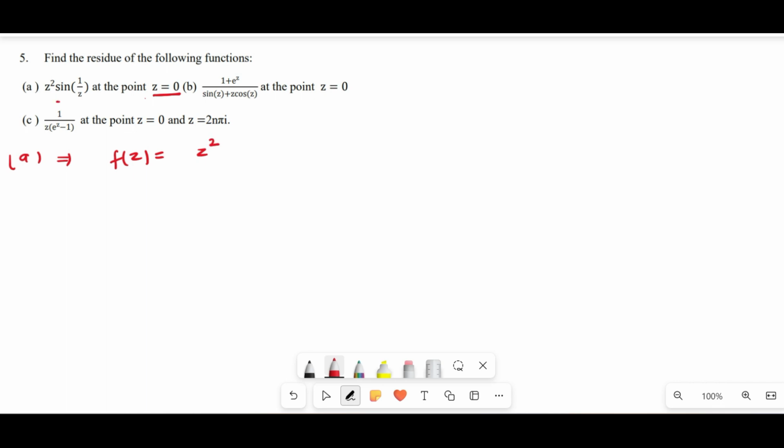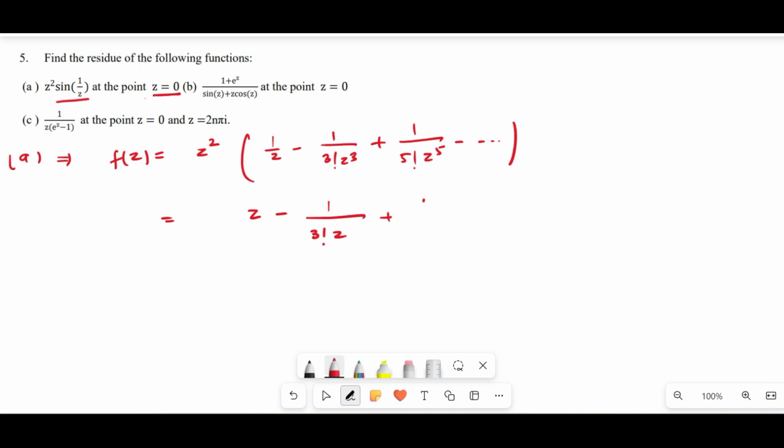The Laurent series expansion of sin 1 by z will be 1 by z minus 1 by 3 factorial z to the power 3 plus 1 upon 5 factorial z to the power 5 minus dot dot dot. So now multiply by z square. So we can see it will give z minus 1 by 3 factorial multiplied to z plus 1 upon 5 factorial z to the power 3 minus dot dot dot.